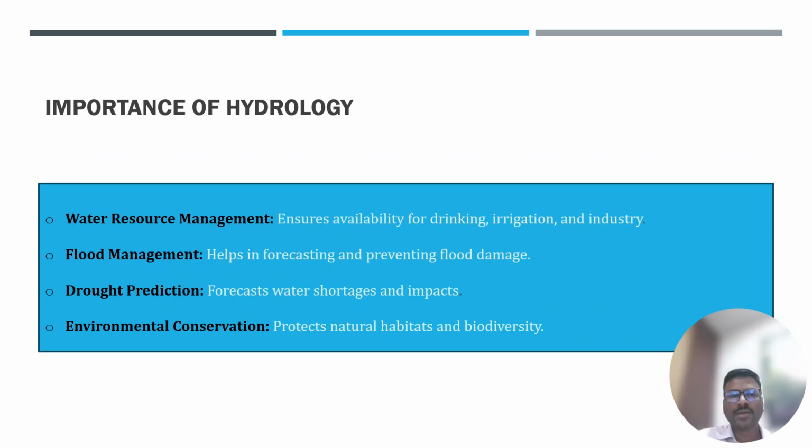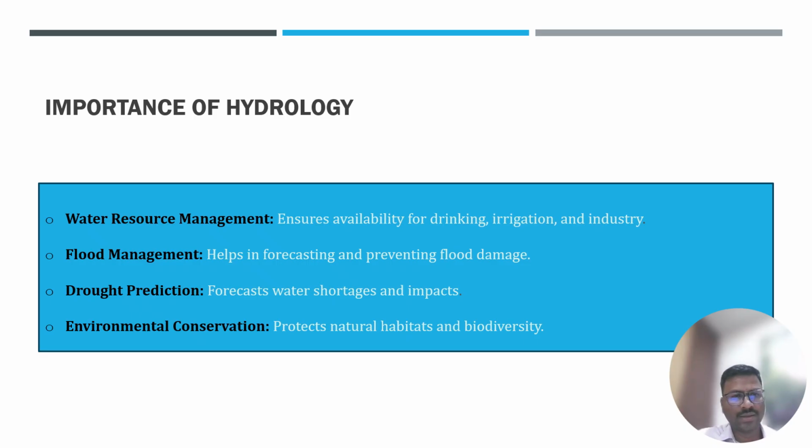Okay, then we'll jump to the importance of the hydrology. The importance includes water resource management, flood management, drought, and environmental conservation. Water resource management ensures availability for drinking, irrigation, and industries. Flood management helps in forecasting and preventing flood damage.